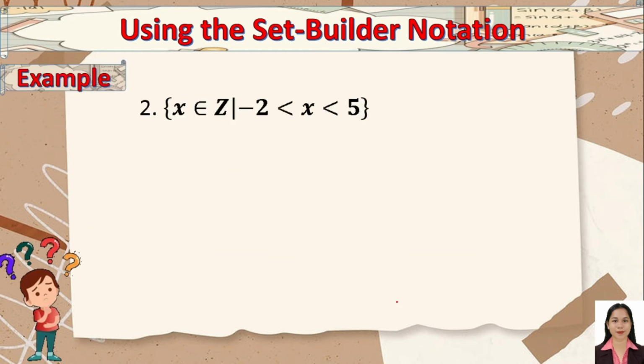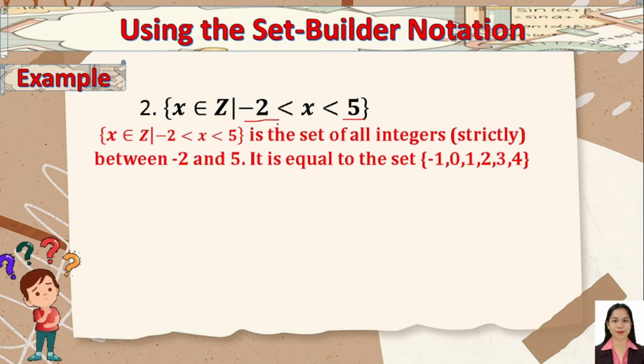Number 2, X is an element of Z such that X is greater than -2 but less than 5. So greater than -2 but less than 5, and we have here the set Z. So set Z, set of all positive and negative integers, or set of all integers. Okay.